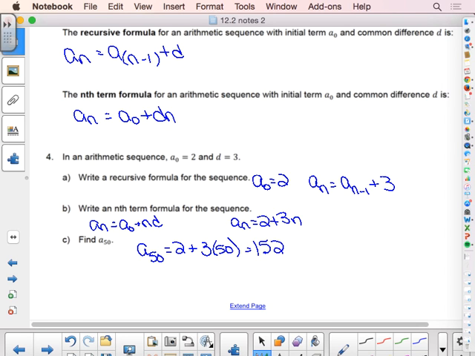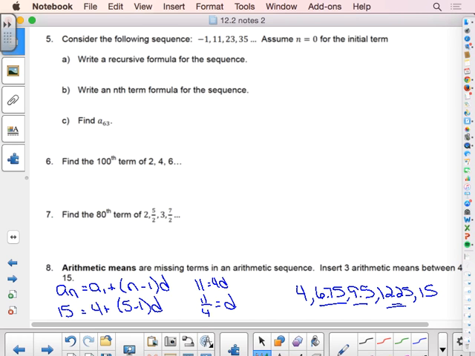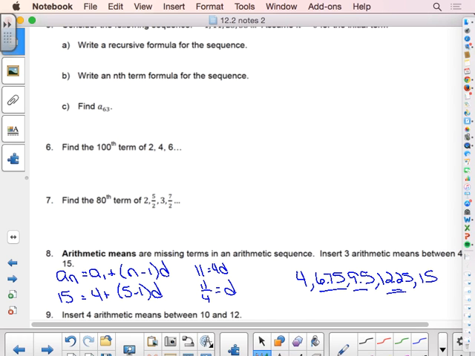The next problem I want to take a look at is number 6. We're asked to find the 100th term of the sequence 2, 4, 6. So this is one of those where we have to pay attention. We're looking for a sub n is equal to a sub 0, 2, plus common difference times the number of terms n.